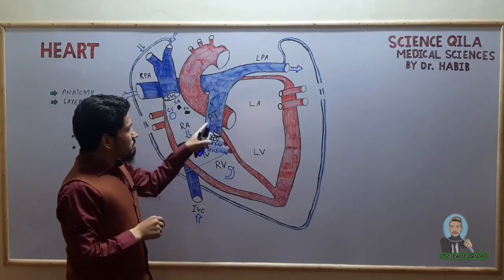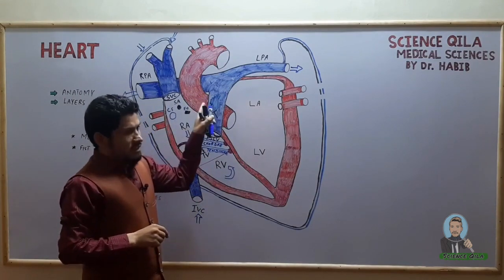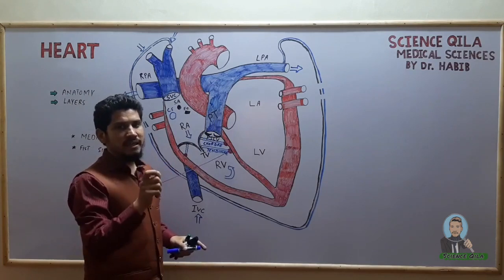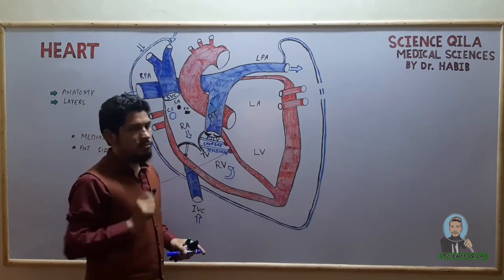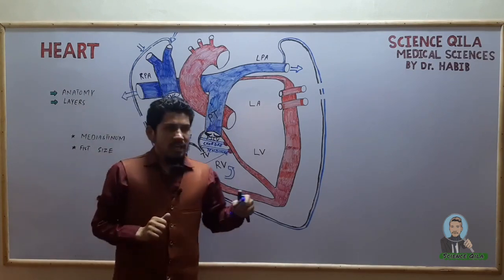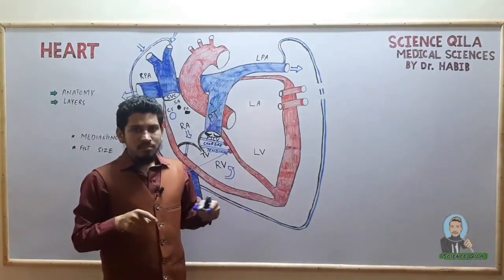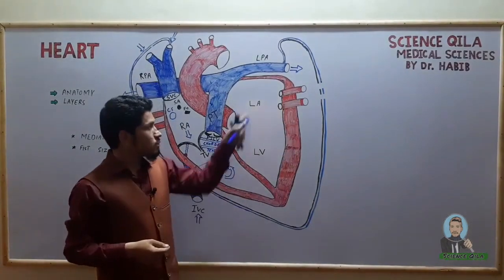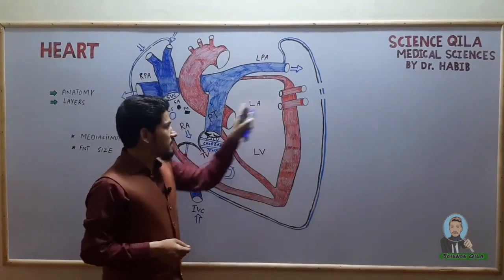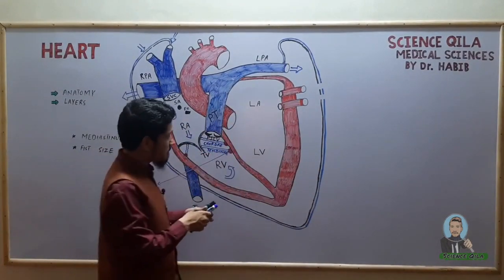The pulmonary trunk is actually the only exceptional case of an artery that carries deoxygenated blood. The blood will get oxygenated in the lungs, and will be brought back to the left side of the heart through these big veins.